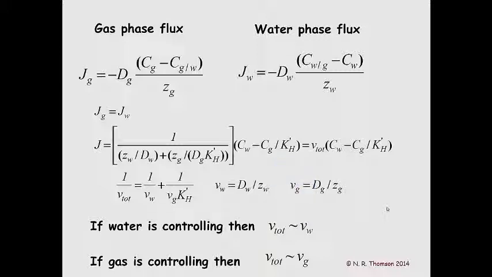Or conversely, if the gas phase is controlling, then the volatilization velocity is controlled by the diffusion in the gas phase divided by the thickness of the gas phase stagnant layer. So that's the transfer between an aqueous phase and gas phase, some very important theoretical considerations.